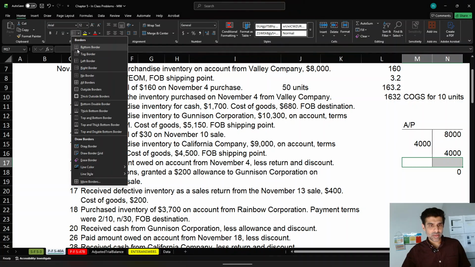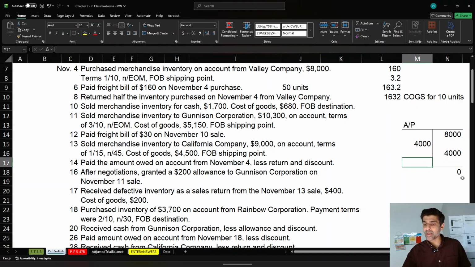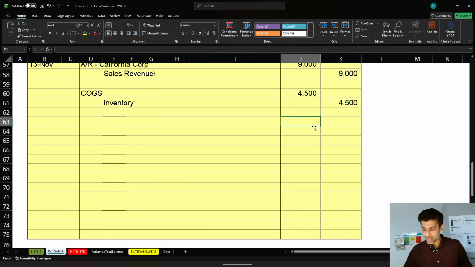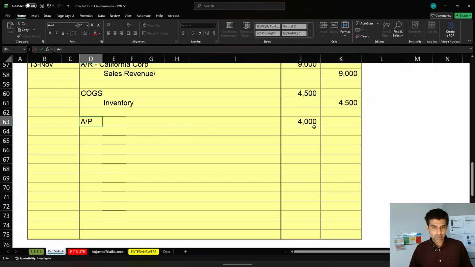Okay? But are we going to pay them the full 4,000? No. We're going to pay them 99% of it. But I know that I need to debit accounts payable 4,000, right? Because I need this accounts payable to go to zero. So I'll just start with that, 4,000 debit to accounts payable.